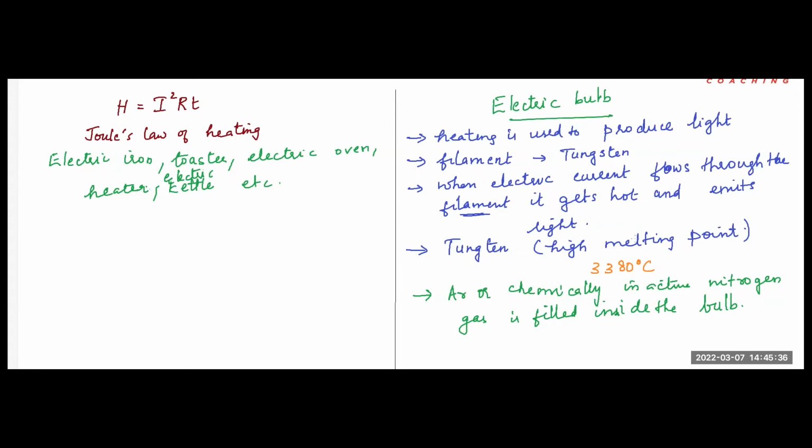Tungsten has a high melting point, and since the filament should not melt while heating up, we use tungsten. The melting point is around 3380 degrees Celsius. And to avoid any other chemical reaction, we fill the bulb with an inactive gas like argon or inactive nitrogen. So that's about the electric bulb.